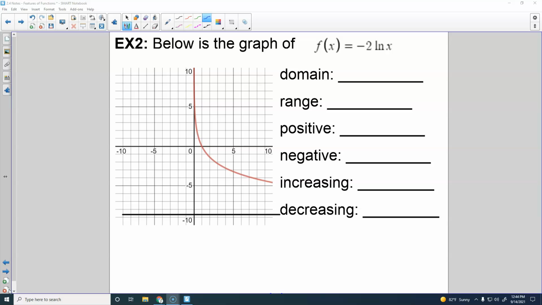This one will have positive and negative. These graphs, sometimes they're all positive or all negative, but they can be some positive and some negative. For increasing or decreasing, it's going to be one or the other.